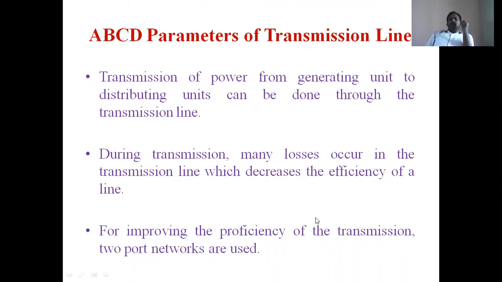For improving the efficiency of a transmission line, the lines are designed with appropriate values of transmission line parameters. Those appropriate values of parameters can be determined with the help of two-port network analysis.